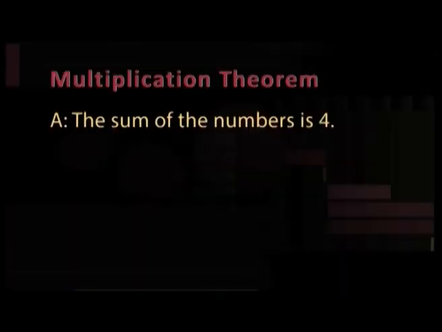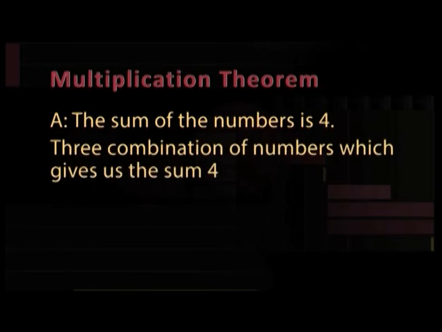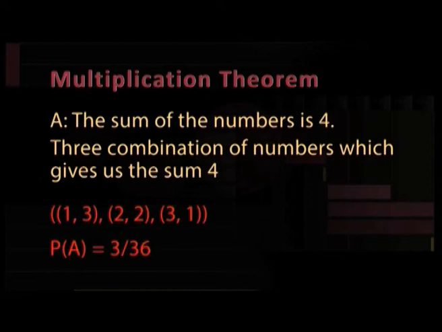We can define the events as follows. A. The sum of numbers is 4, and we have three combinations of numbers which give us the sum 4. They are 1 3, 2 2, and 3 1. Hence, probability of A is equal to 3 by 36.